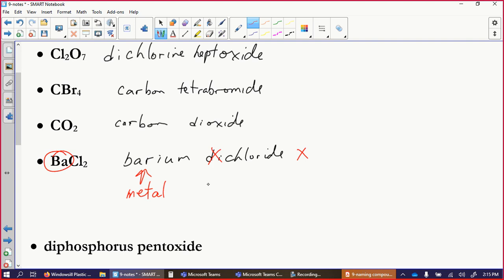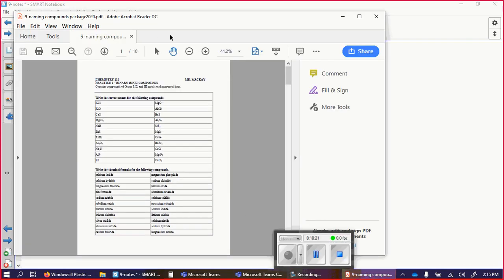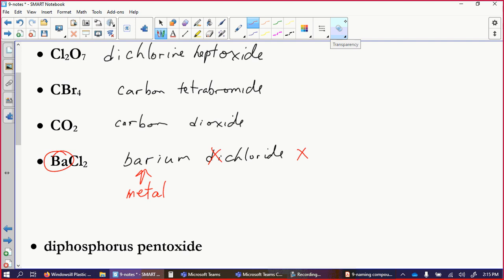That's a precursor to, well, fundamentally, when we do this, you need to be able to get a whole list of things, and that's what the last 4 pages in this naming compounds things are, which is just a plethora of stuff. The ultimate goal is, can I go through a list and say, okay, those are molecular, that's a metal, so this is just barium chloride.